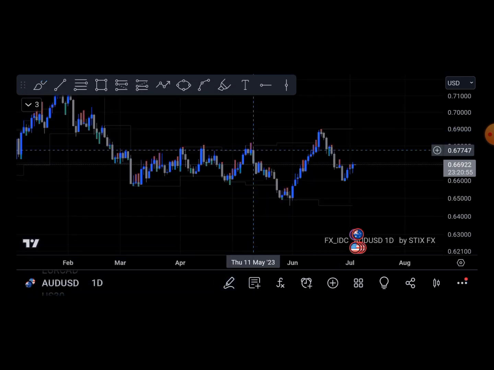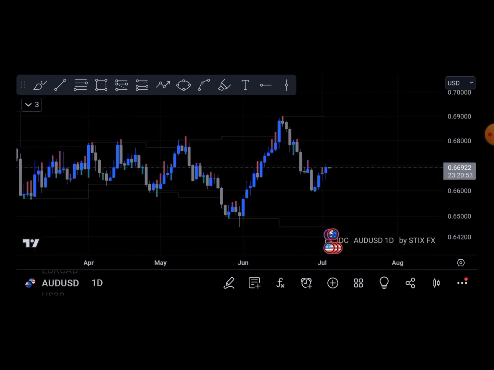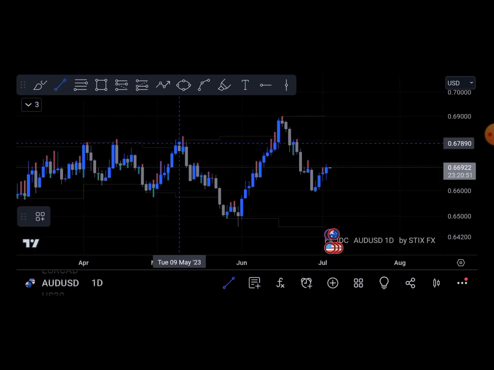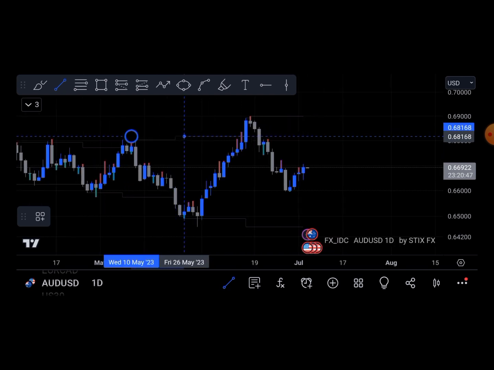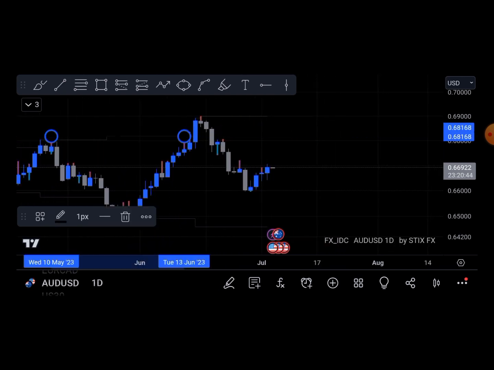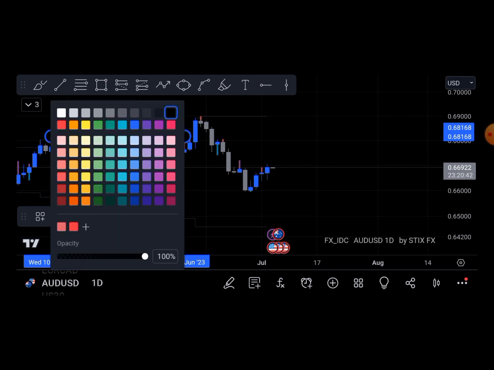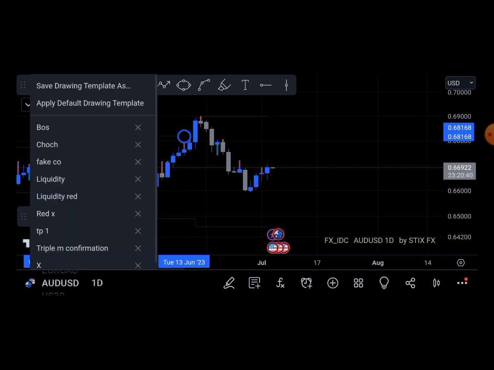Now, this break of structure specifically, I don't consider it as a change of character as many traders would. I like to consider this like a fake change of character or a redistribution model. You understand?